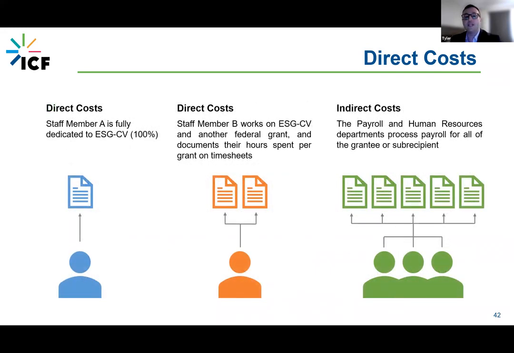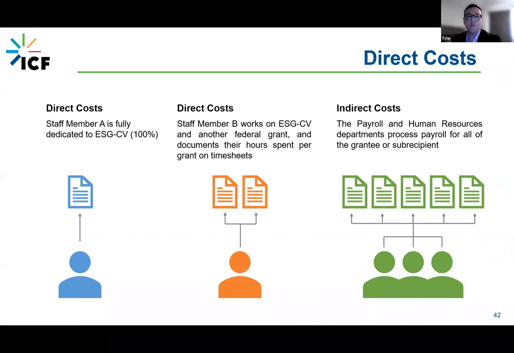So the following illustrates an example of differentiating direct costs from indirect costs. Starting from left to right, if staff member A is fully dedicated to the ESG-CV award, then 100% of their salary and fringe benefits, such as healthcare, etc., are allocable to the ESG-CV award.